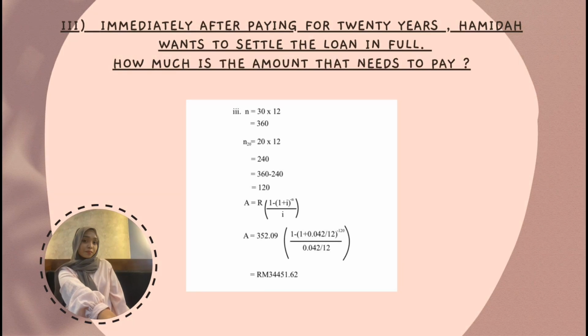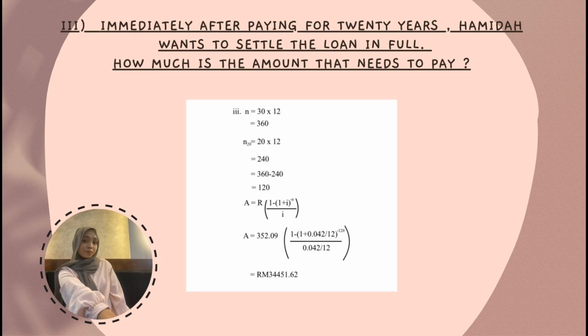How much is the amount that needs to be paid? We use the formula n equals 30 times 12. We got the answer as 360 and for n20, we used 20 times 12 equals 240 and we take 360 minus 240 equals 120.